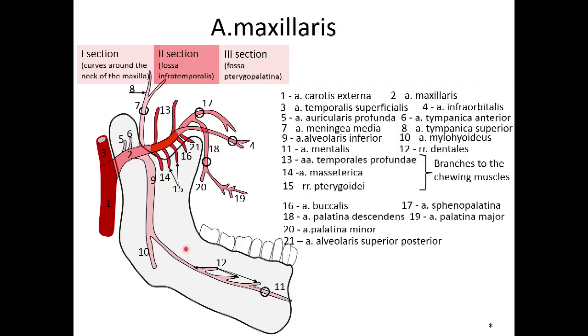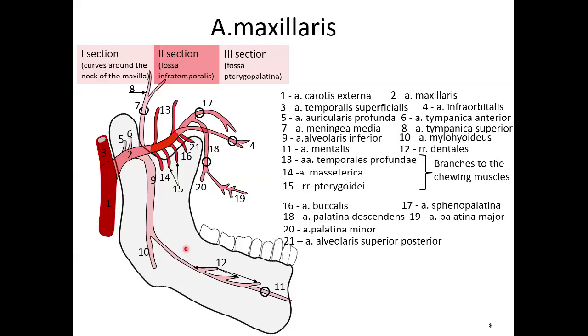Arteria alveolaris superior posterior serves for blood supply of the upper teeth, and so we can understand that practically all the structures for the process of chewing are supplied by branches of arteria maxillaris.